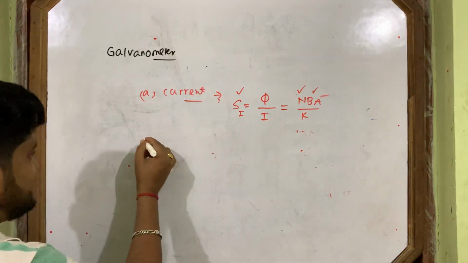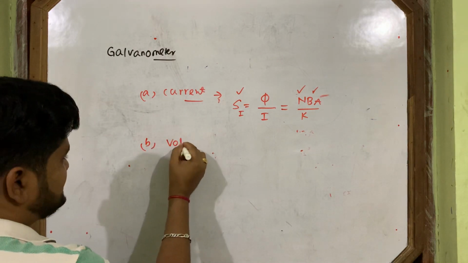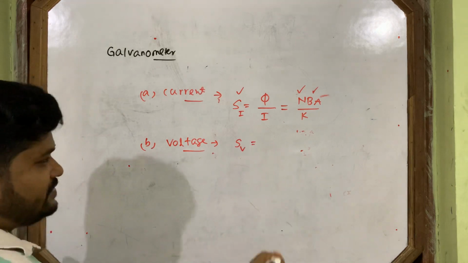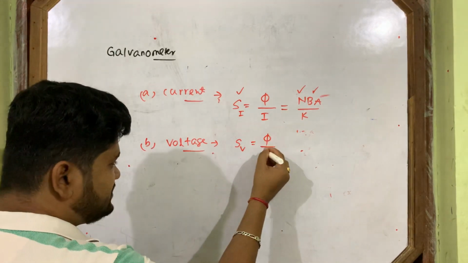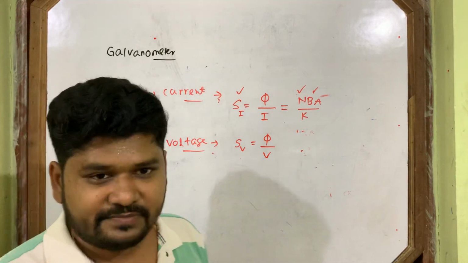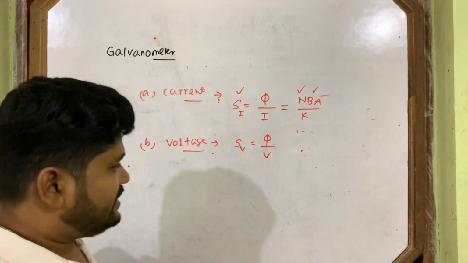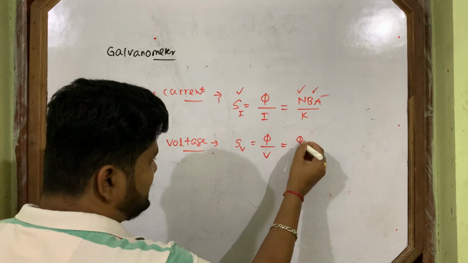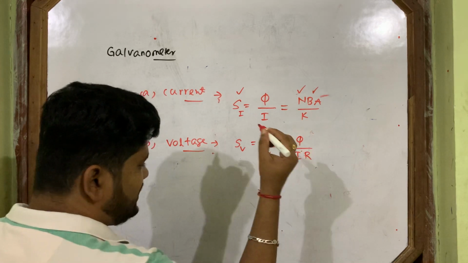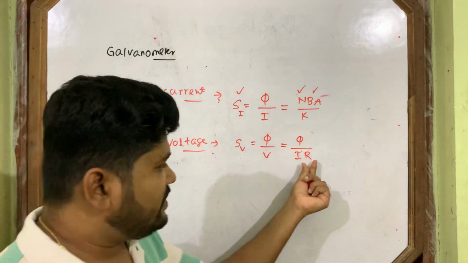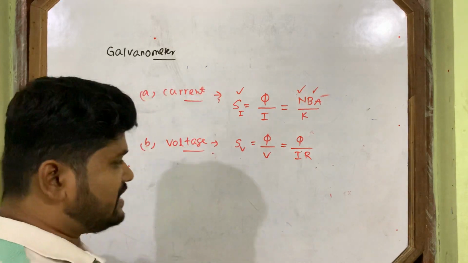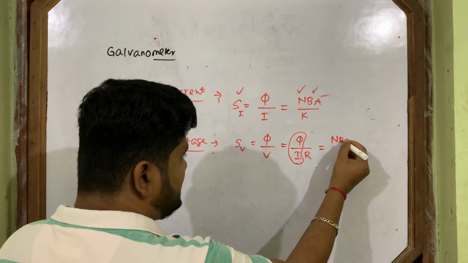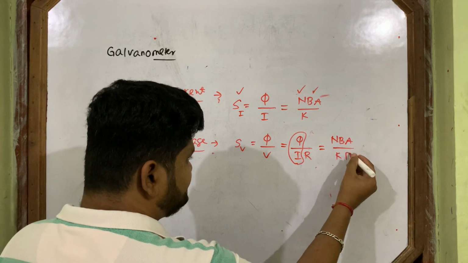Then come to the second sensitivity, that is voltage sensitivity. We write the symbol as SV. This is the deflection produced for unit voltage, for the same voltage, in which coil more deflection is there. We can write phi by V, and V is IR. In place of V I put IR, where R is the resistance of the galvanometer coil. Then phi by V is NBA by KR.